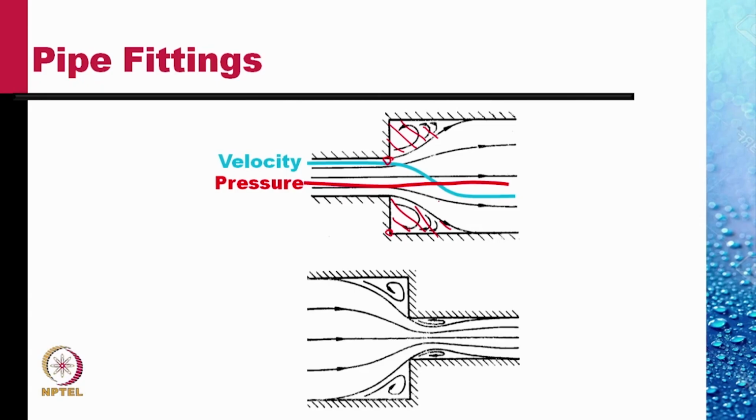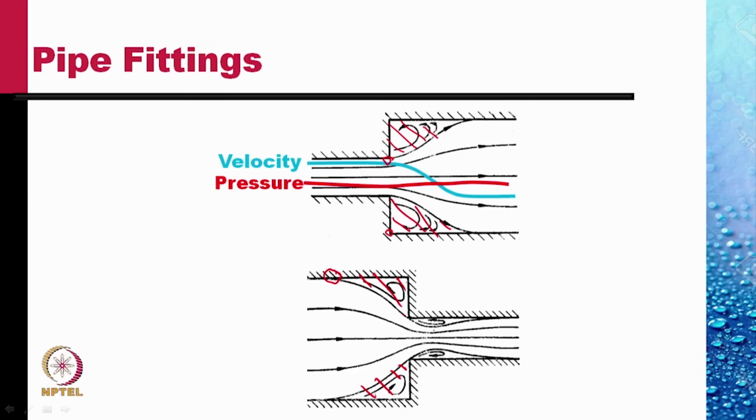Similarly, in a sudden contraction, because the flow is slowing down here, there is a separation. Here, there is an annular vortex. Then at the sharp corner, there is separation again. The fluid cannot turn sharply, and so we have an annular vortex sitting right there.